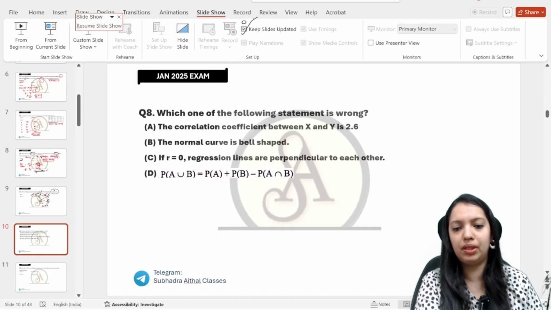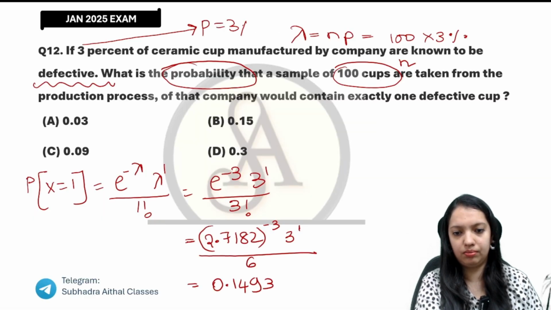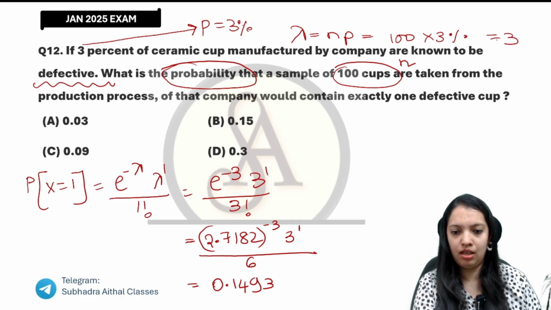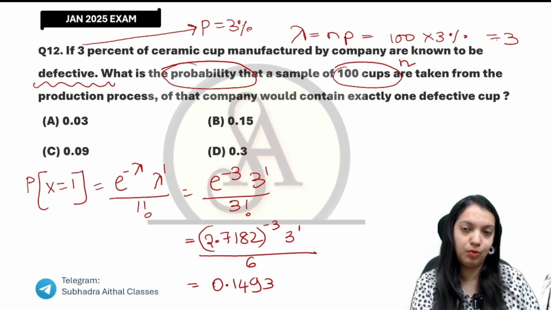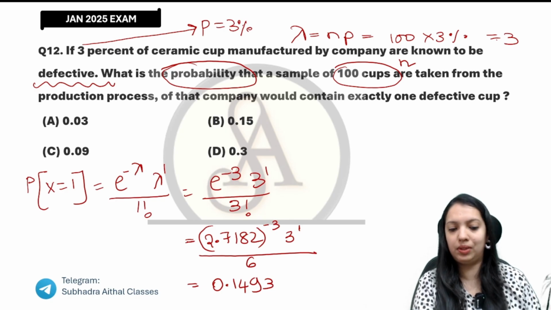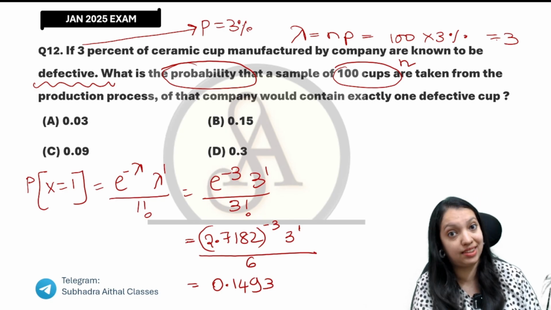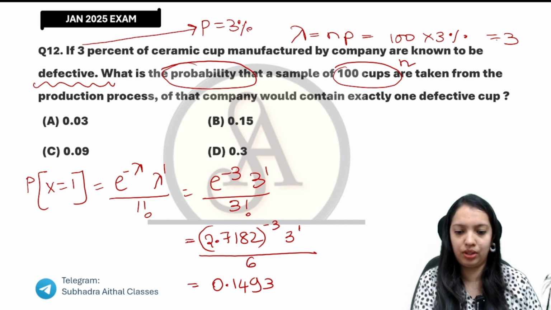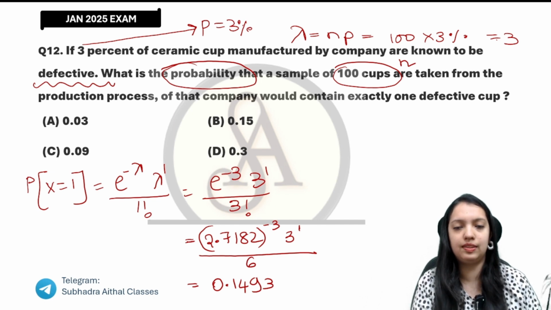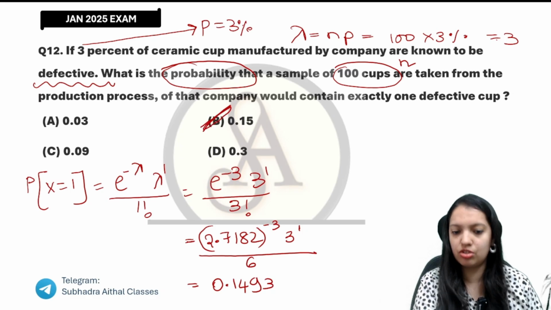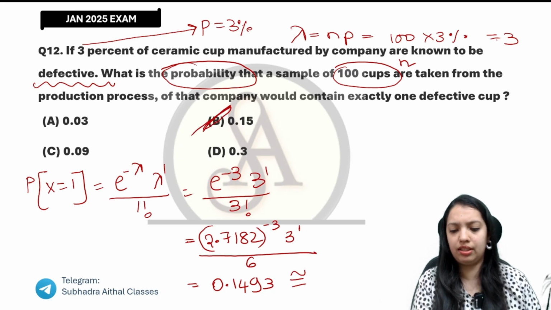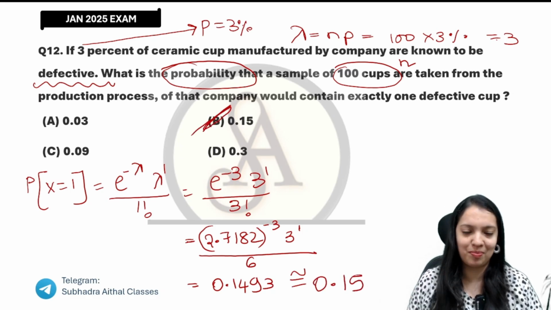Your answer will become 3. I have applied that in probability formula. Find the probability that there is exactly one defective. X value is equal to 1, e power minus lambda, lambda power x, divided by 1 factorial. When you solve this, you are going to get the answer as 0.1493, which is not there in the option. Approximately, this is equal to 0.15.